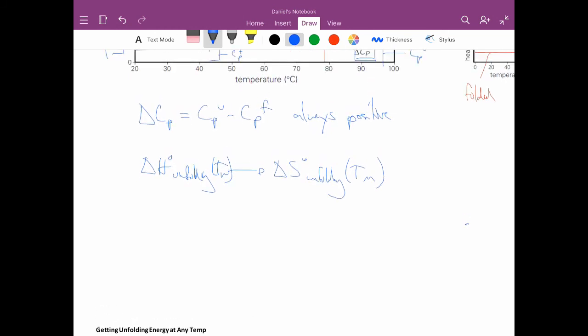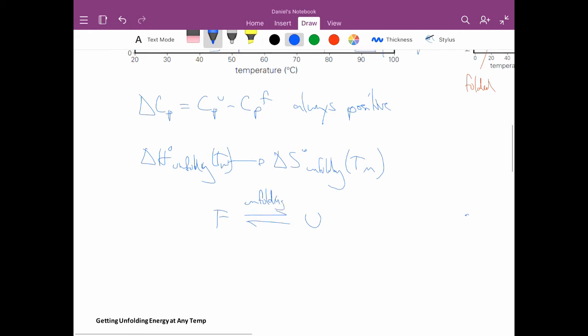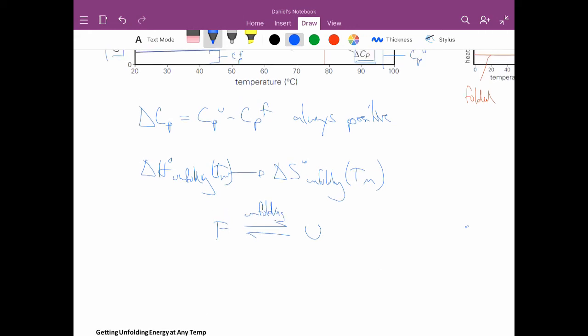So let's imagine the reaction of the protein going from folded to unfolded. This is the unfolding portion of it. And at the melting temperature, we know that the concentration of folded species is equal to the concentration of unfolded species. And so that tells us that the K, which is the concentration of unfolded over folded, is equal to 1.